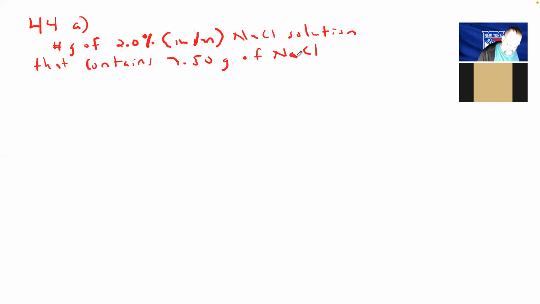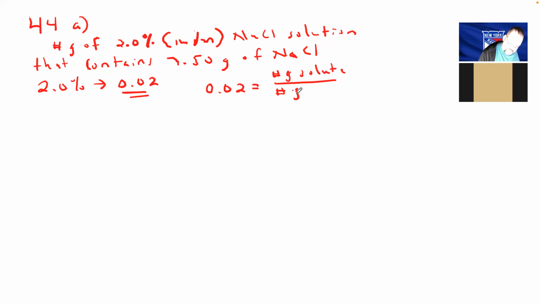Okay, so remember, first thing we'd want to do again is take the 2%, and convert that into a decimal form by dividing by 100, so 0.02. So that 0.02 is going to be equal to the number of grams of the solute over the number of grams of solution.